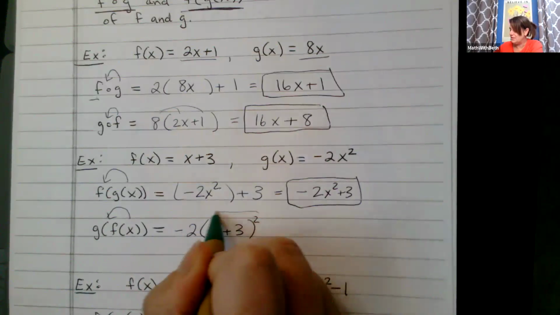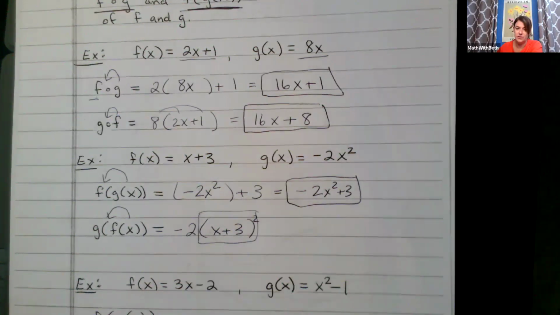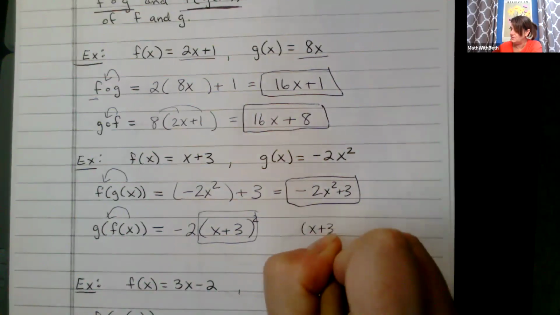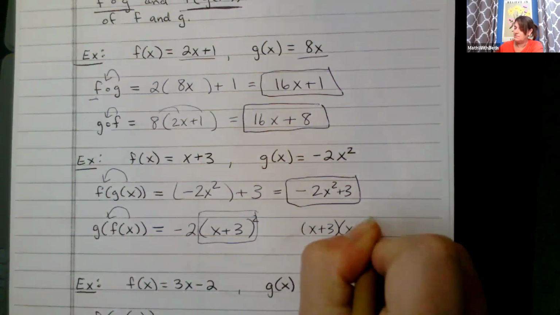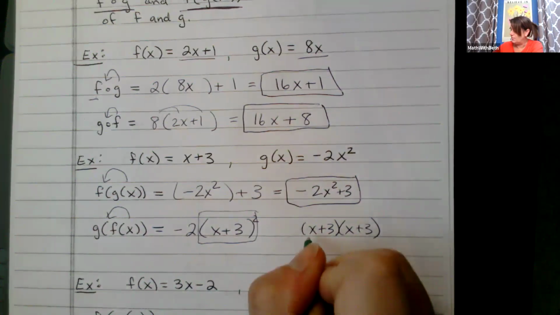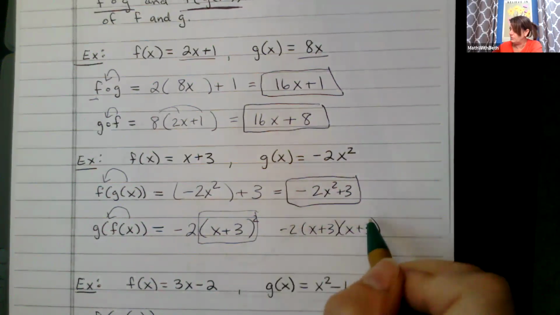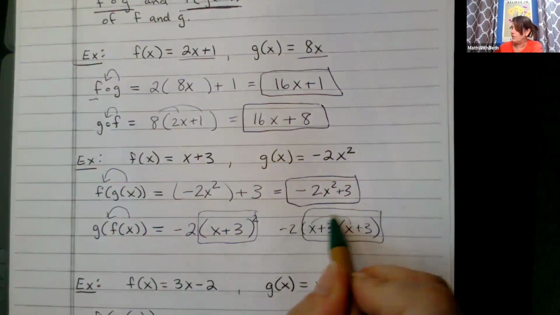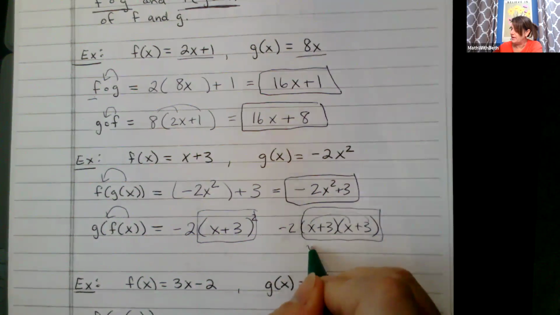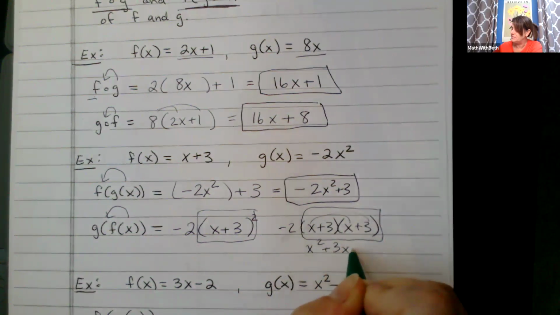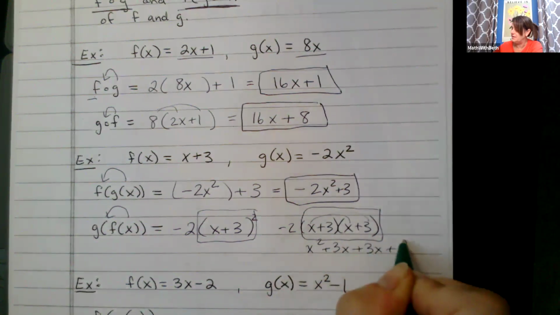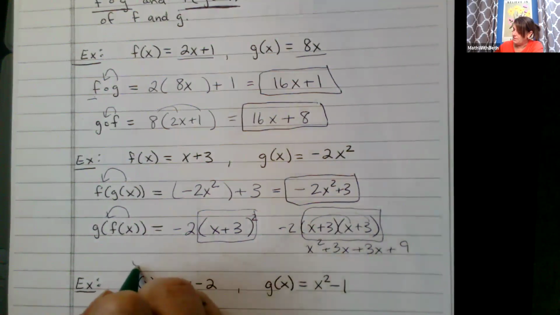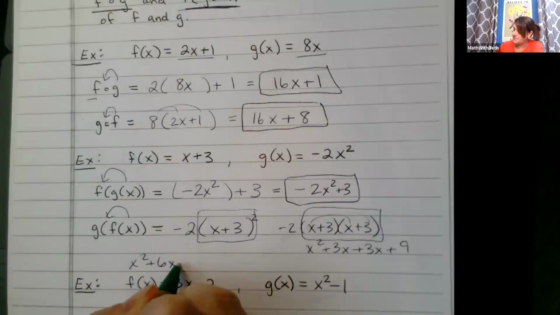Order of operations tells us to square this first, and squaring x plus 3 really means this. I'm going to save the -2 for last, but right now I need to do this by boiling it out. So I get x squared plus 3x plus 3x plus 9, which is really x squared plus 6x plus 9.